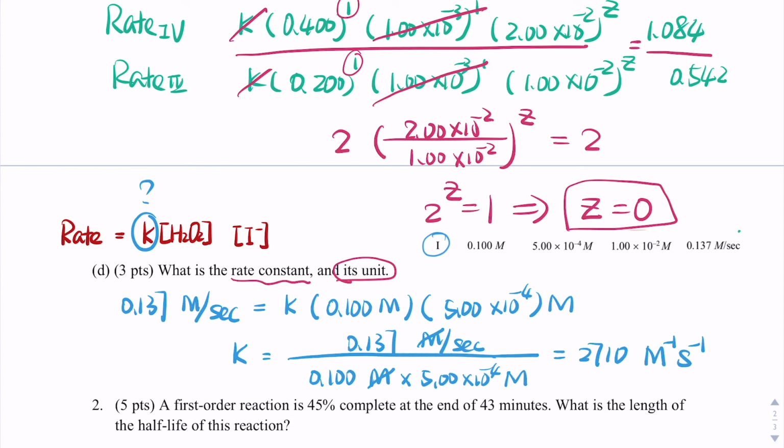Remember a shortcut we mentioned before? That shortcut applies if the unit for time is seconds. If it's minutes, it will be molar to the negative 1, minute to the negative 1. The shortcut itself is molar to the 1 minus n, per second.